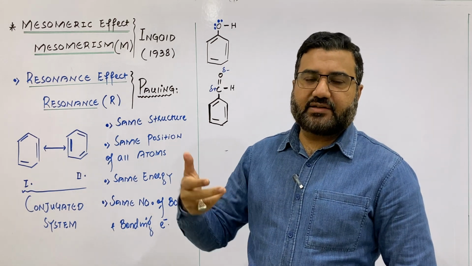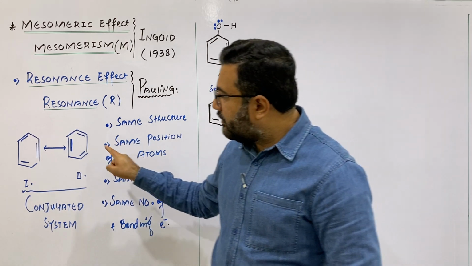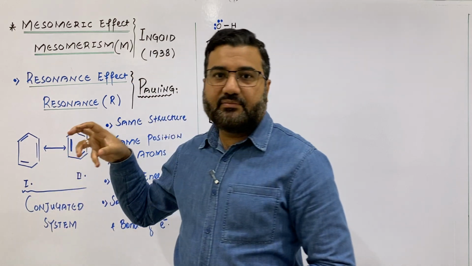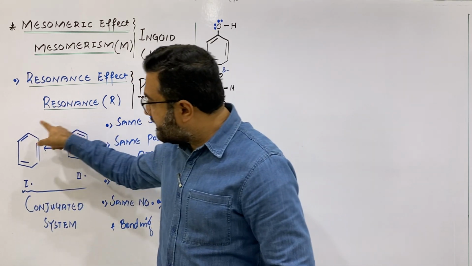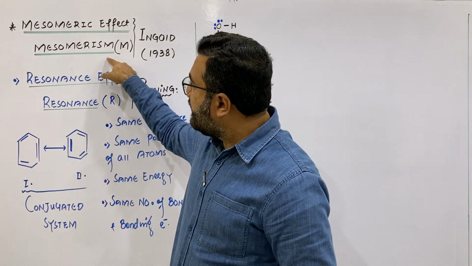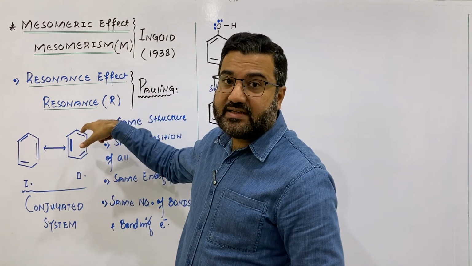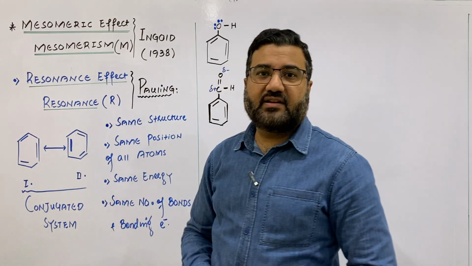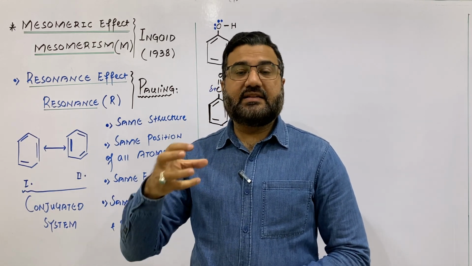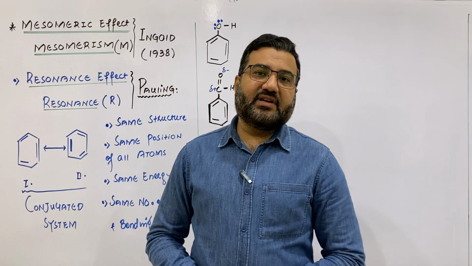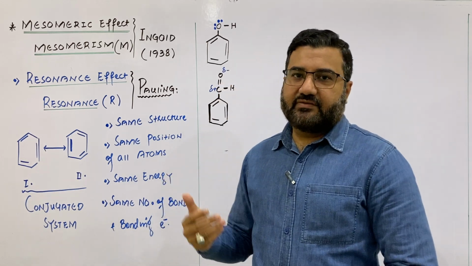Can we call these two structures the mesomers of each other? This is a question from my side. Or can we say that this phenomenon is also mesomerism? It is resonance, but is it mesomerism as well? We will say no. It means there is a difference between resonance and mesomerism, and let us discuss what that difference is.